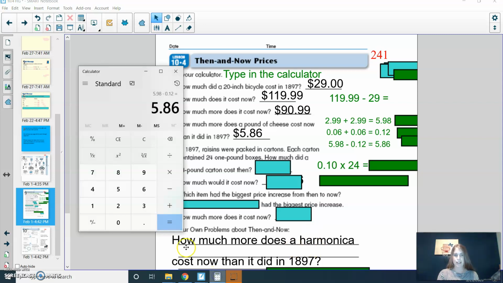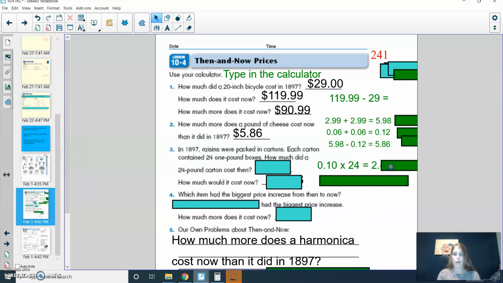So I'm going to pull up my calculator, hit clear, and type decimal point 1 0 times, now it took away the 0, that's okay, 24 equals. Now 2 decimal point 4 is just like saying 2 decimal point 40, or $2.40.